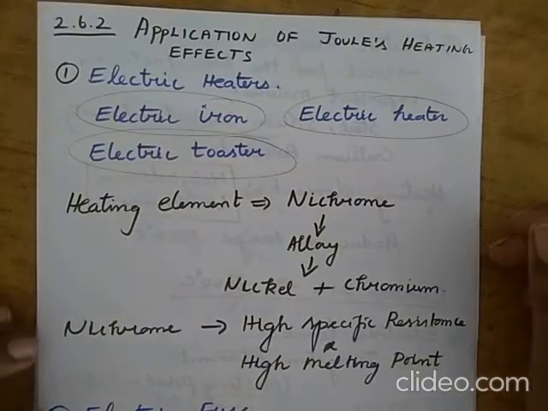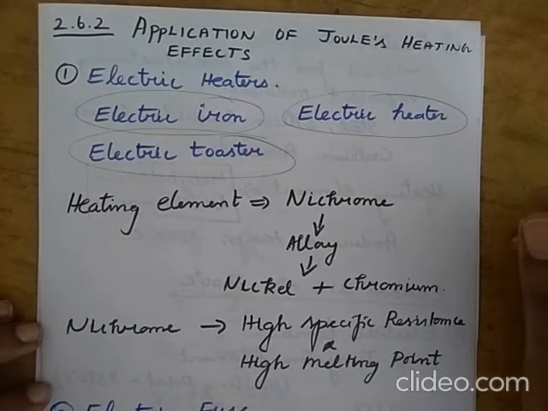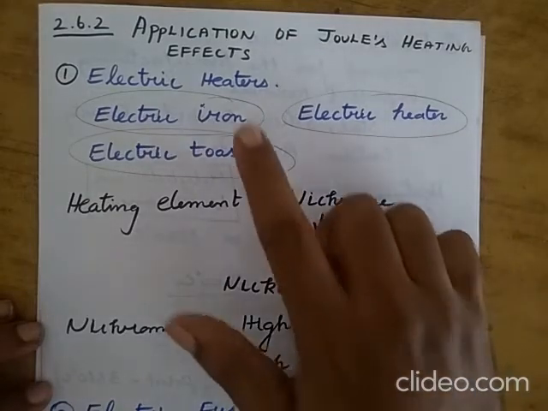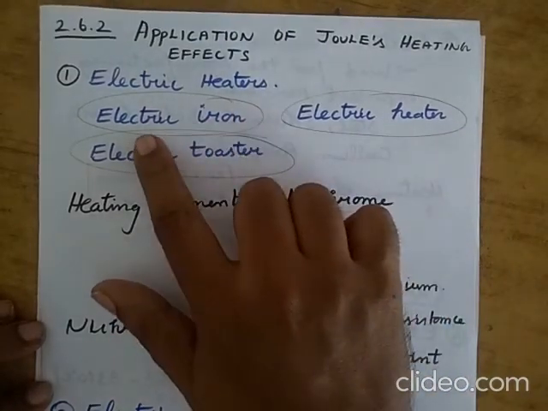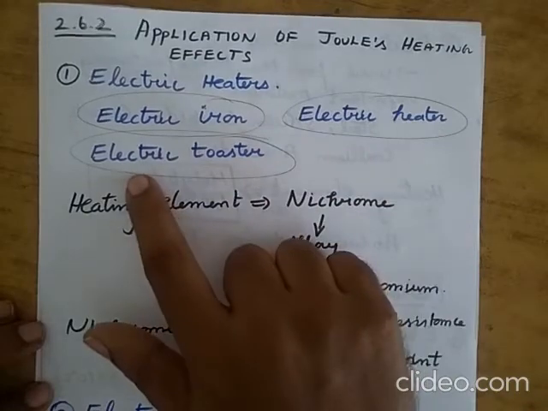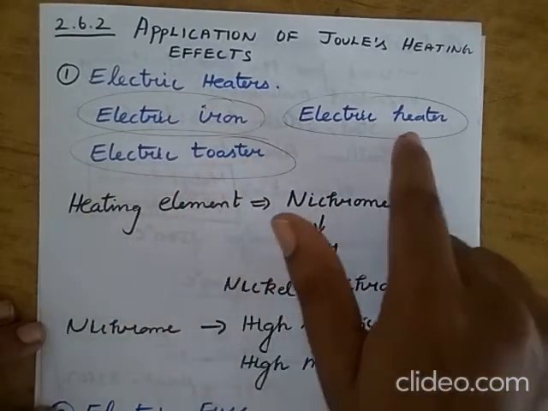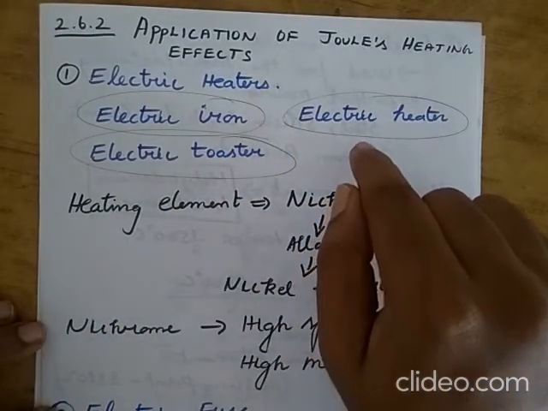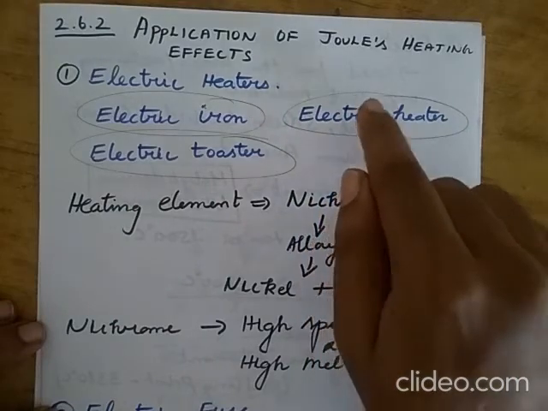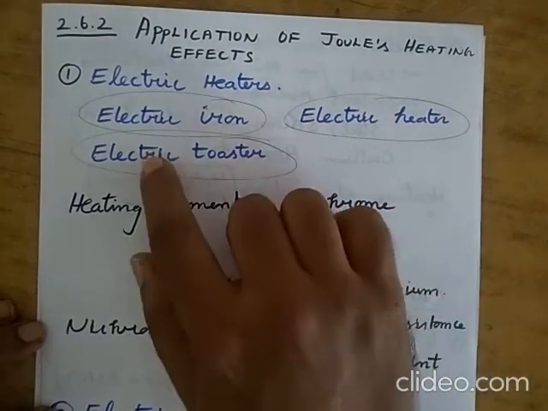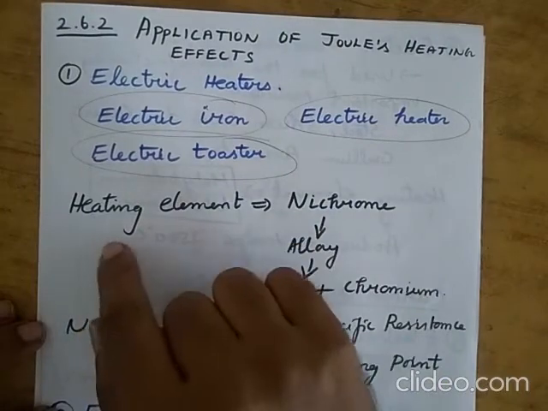Our next topic, applications of Joule heating effect. Here our first application is the electric heater. Electric iron, electric heater and electric toaster are appliances that work on the principle of Joule heating effect. In these appliances there is a heating element.